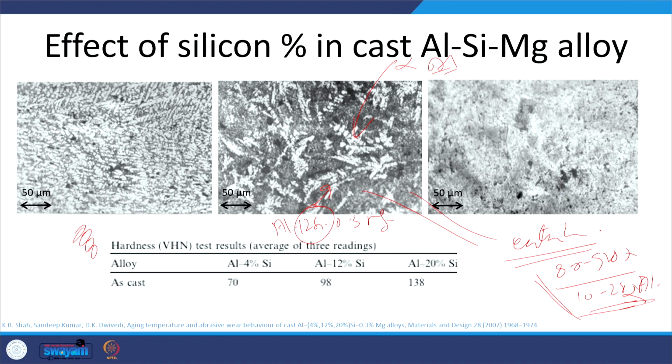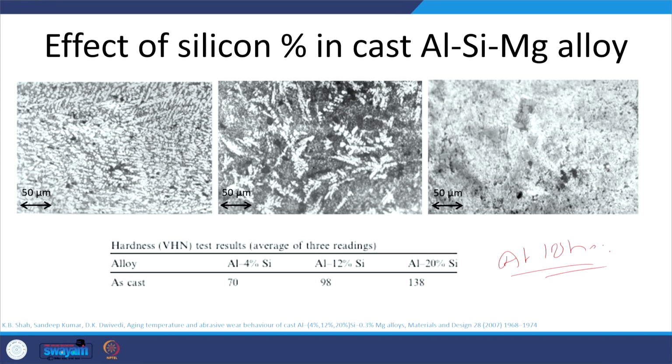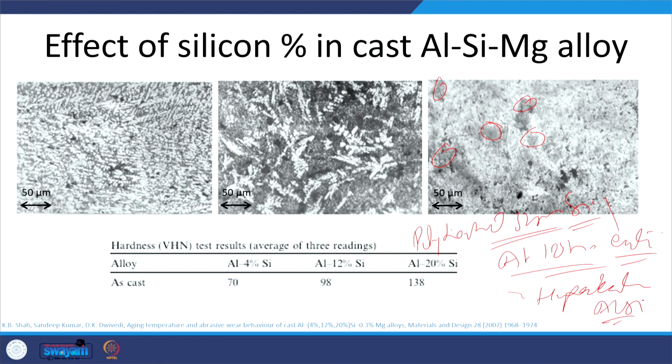If we talk of the aluminum 18% silicon alloy, then this is primarily having the eutectic matrix and the presence of primary silicon particles. These polyhedral shape primary silicon particles, whenever visible, indicate that this corresponds to a hypereutectic aluminum silicon alloy.